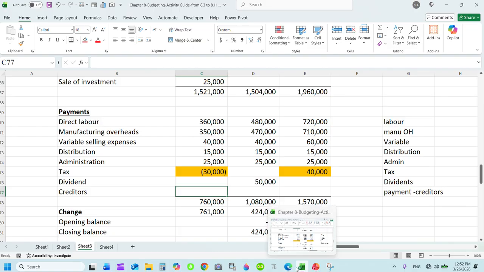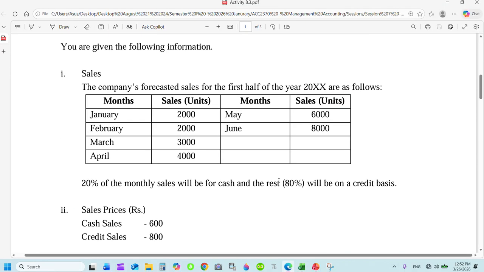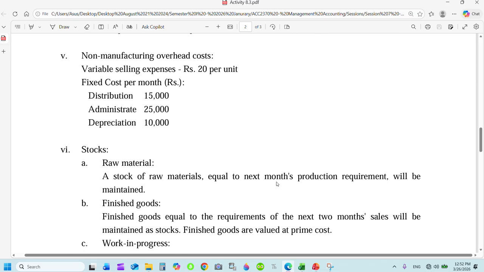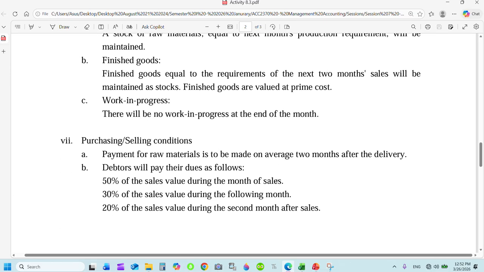So let's look at the creditor settlement policy. Payments for raw material are to be made on average 2 months after delivery. After 2 months, we make the payment.